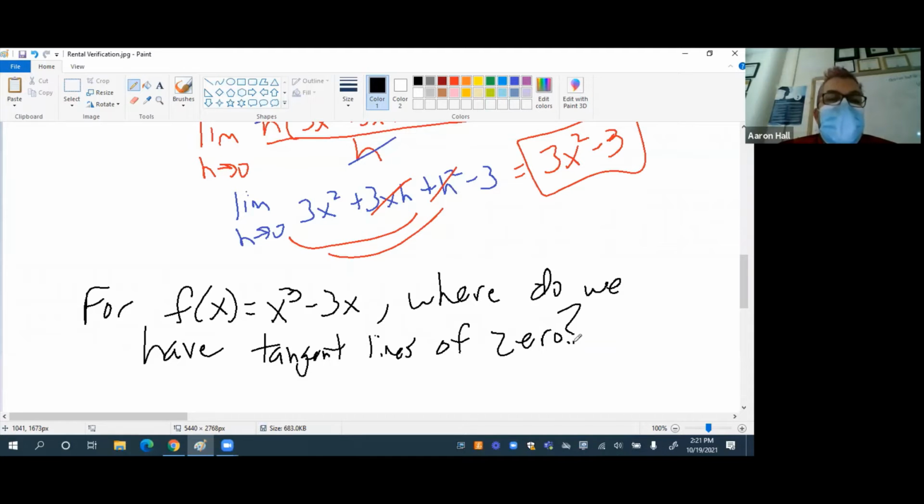For f of x equals x cubed minus 3x, where do we have tangent lines of 0? Where do I have a slope of 0? How would I do that?